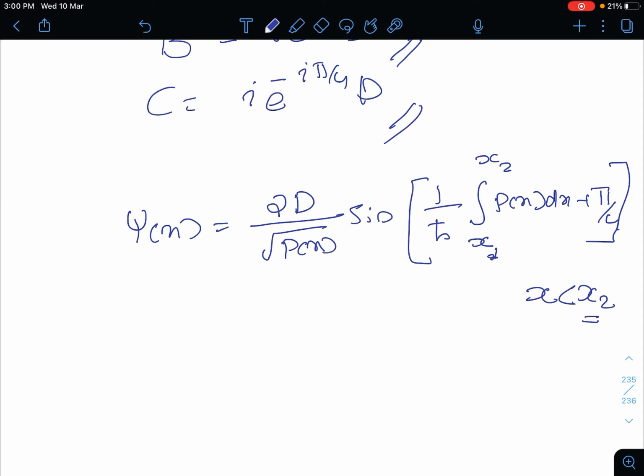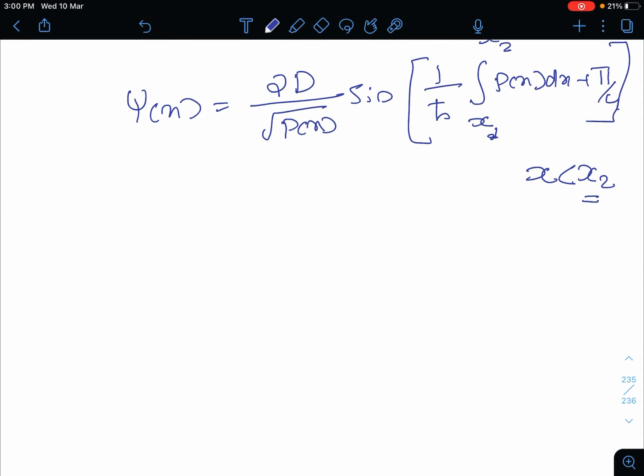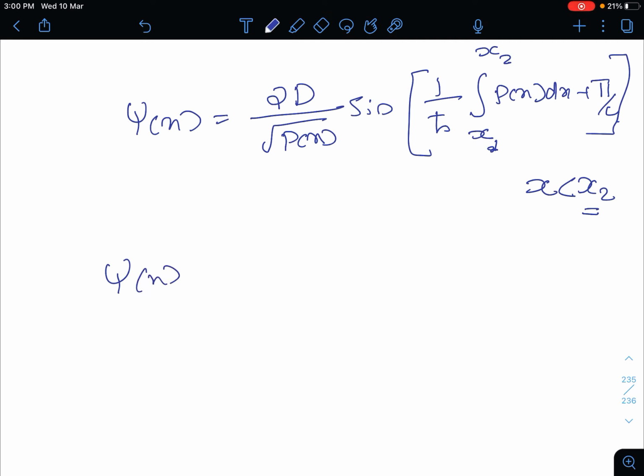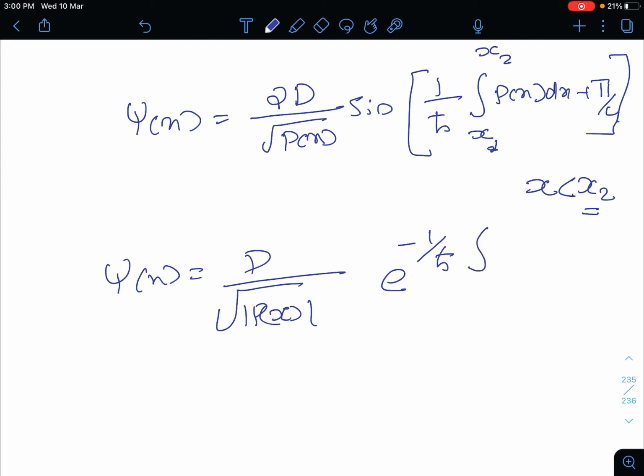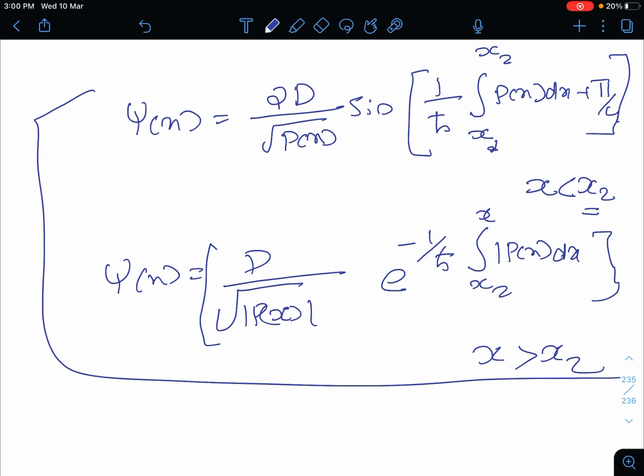I am taking an arbitrary point x2 instead of the original point. Or psi of x is equal to D by root of mod p of x exponential minus 1 by h cross integral x2 to x mod p of x dx for x greater than x2. So this is it, the wave functions.